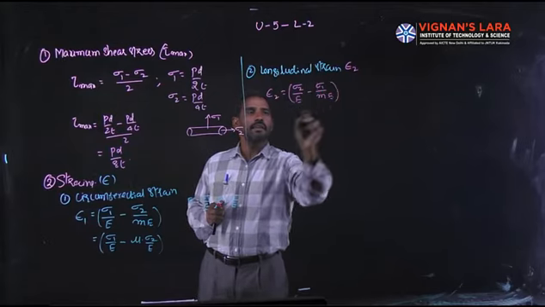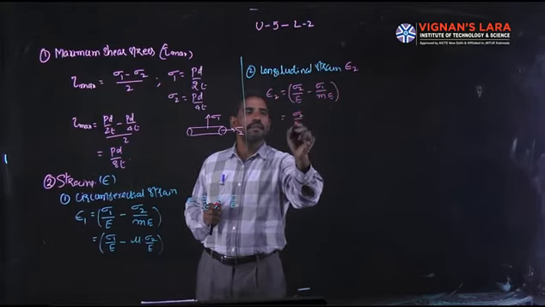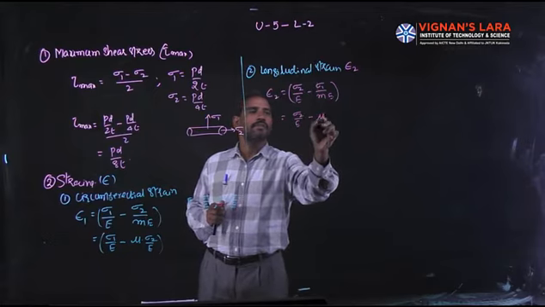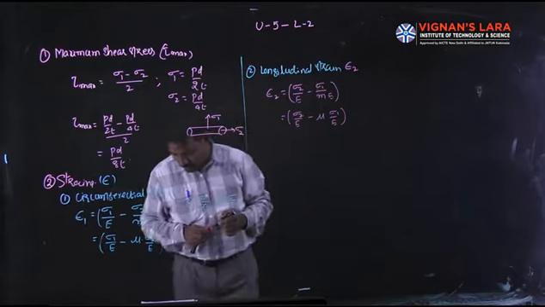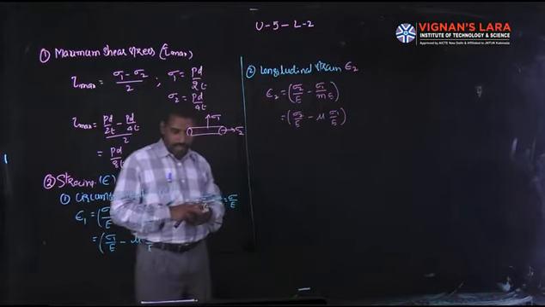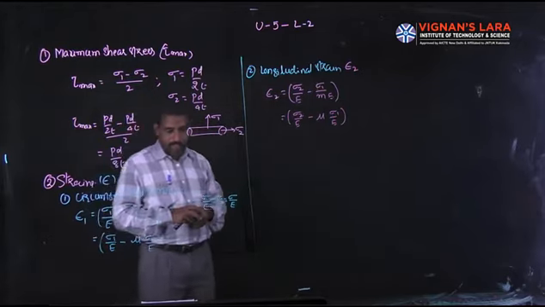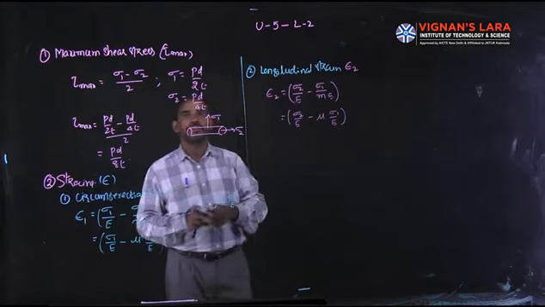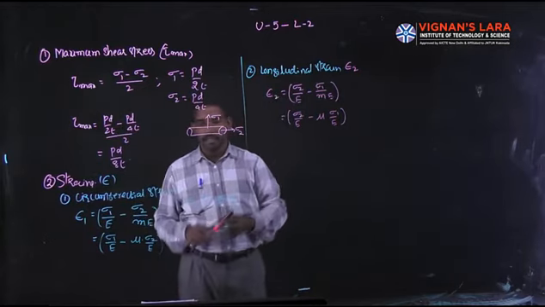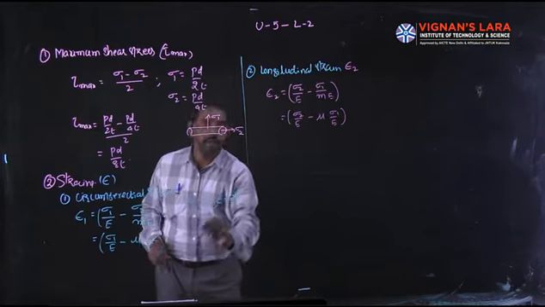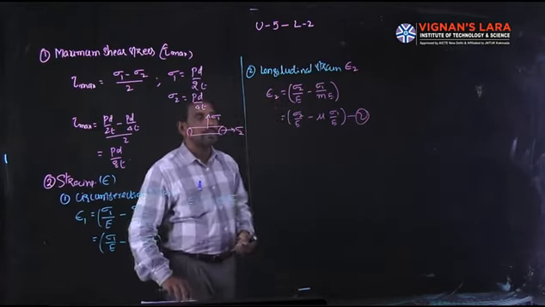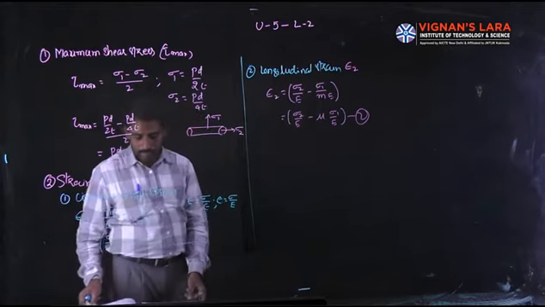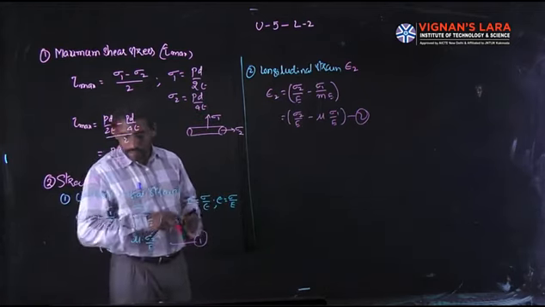This can be rewritten as sigma 2 by E minus mu into sigma 1 by E. Finally, we can substitute sigma 1 and sigma 2 in equations 1 and 2 to get the strains, if the stresses are given. So then we can find out the strain.